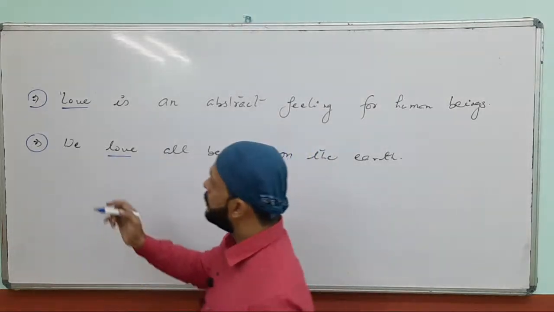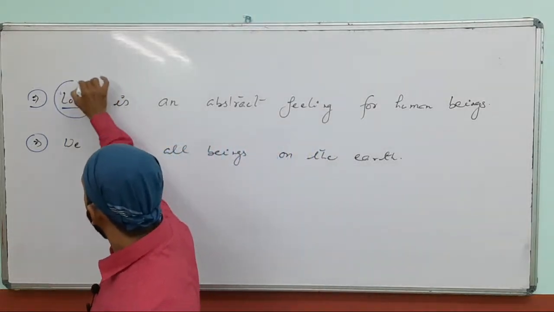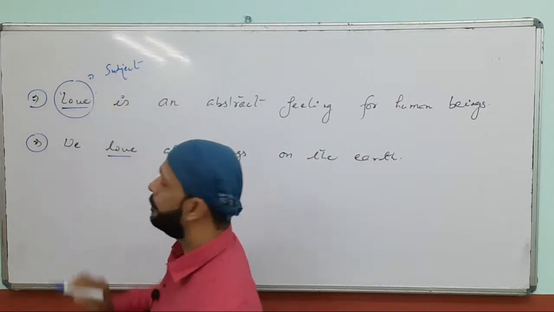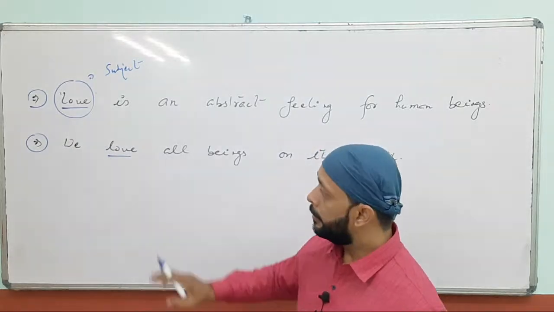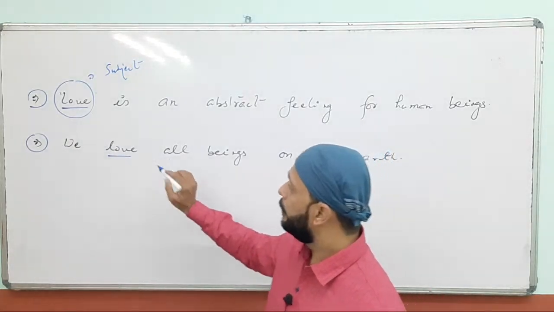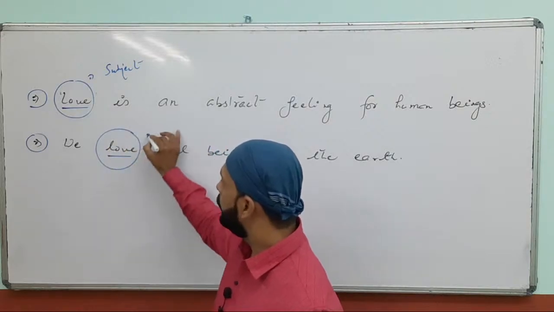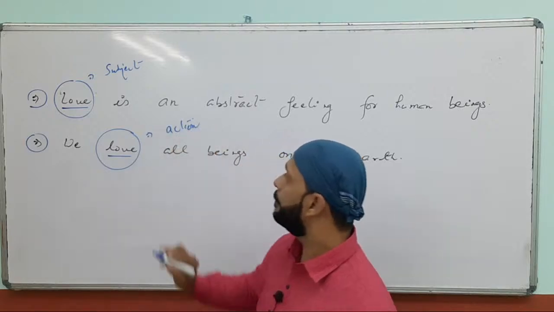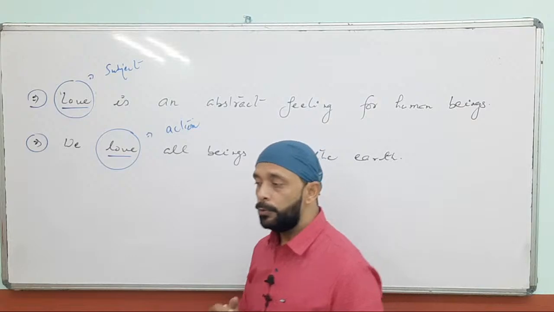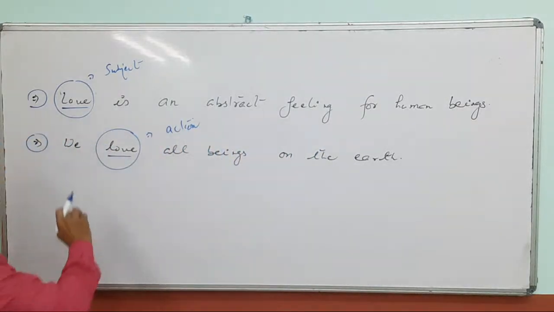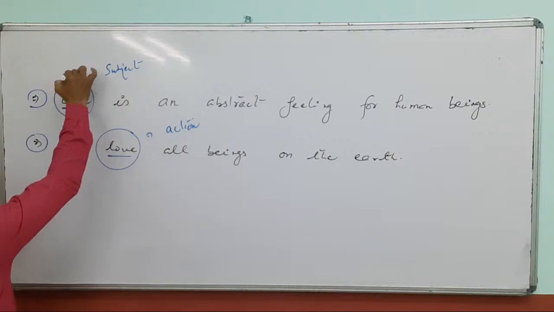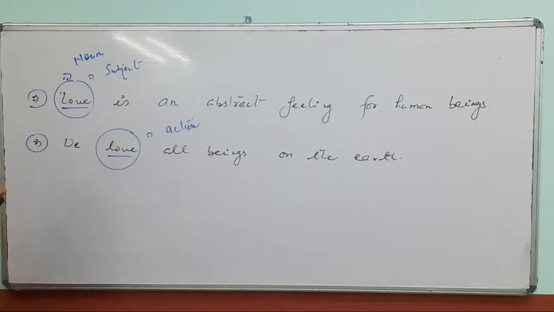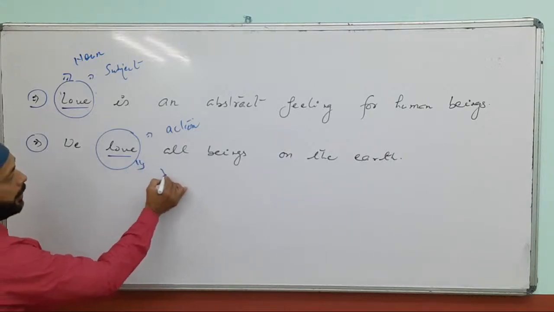In the first sentence, this word love is functioning like a subject. In the second example, this word love is functioning like an action. According to parts of speech, the first one, as a subject, is a noun, and as an action it is a verb.